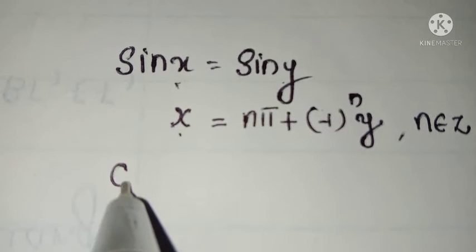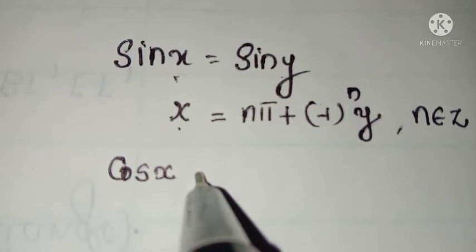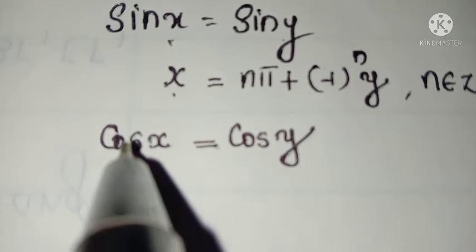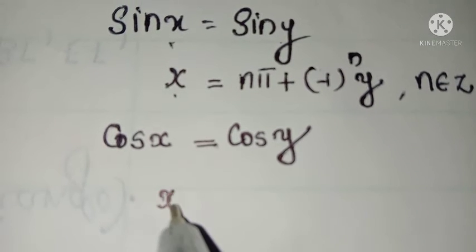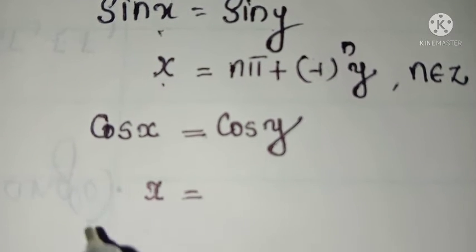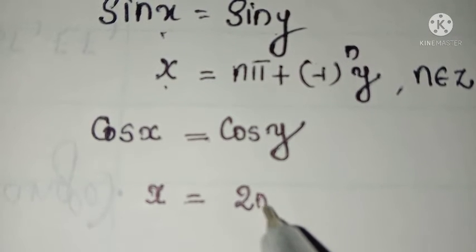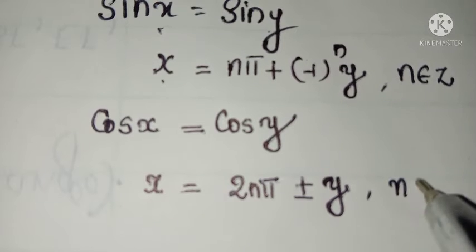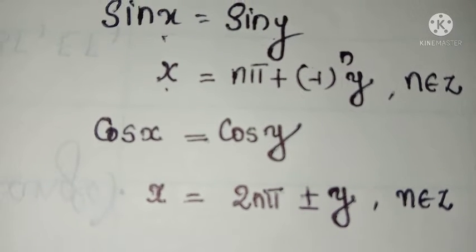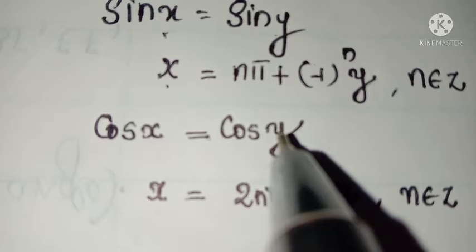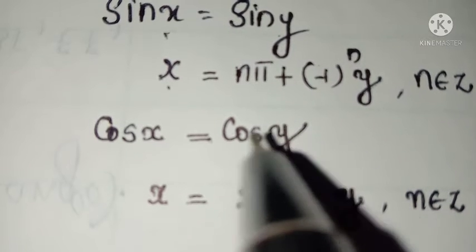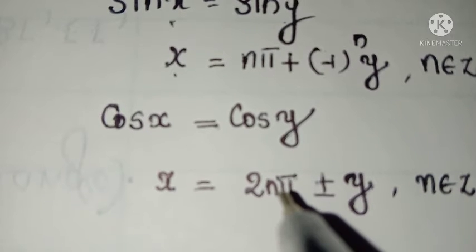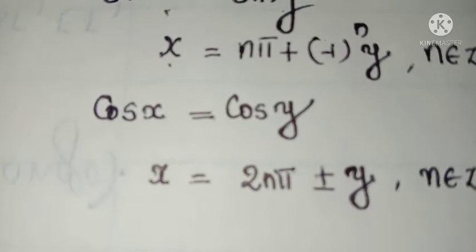Now the second one, if a trigonometric equation is in the form cos x equal to cos y, then the general solution is obtained by x equal to 2n pi plus or minus y, where n is an integer.